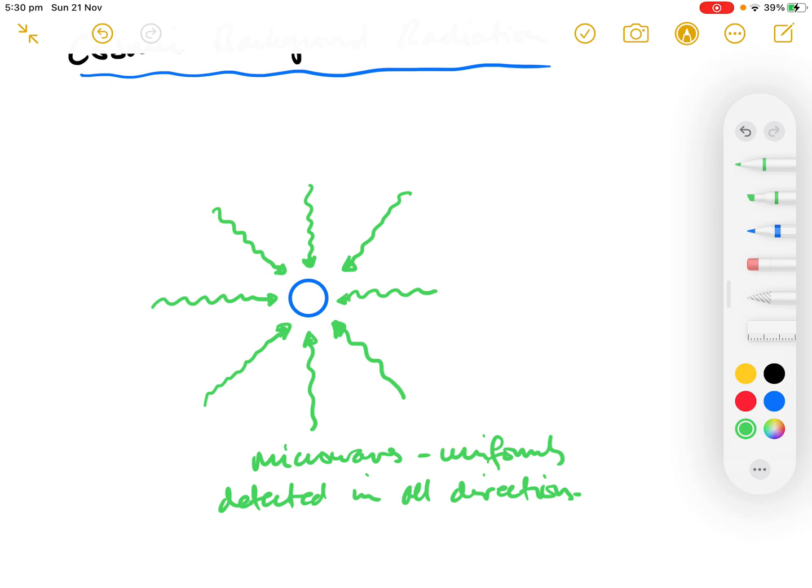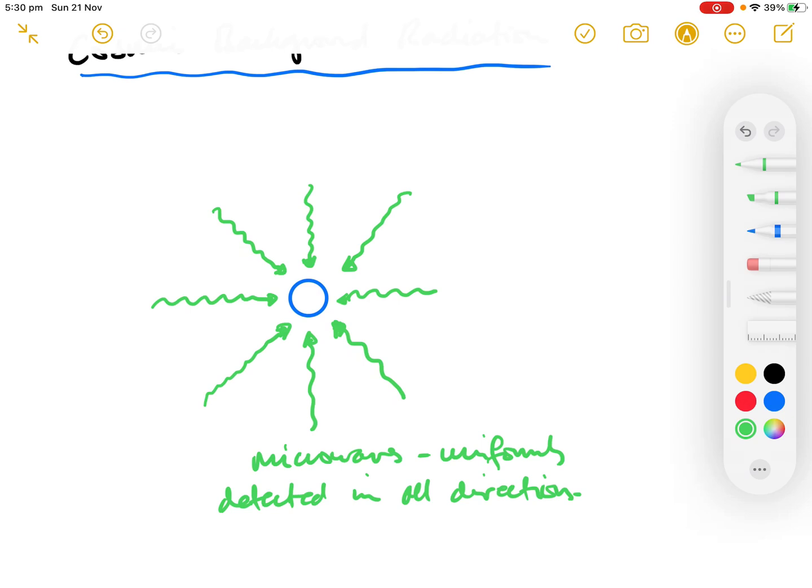This was quite surprising, because normally in astronomy, when you detect radiation, it's coming from a particular source, a particular galaxy or a particular star. So when you move your detectors a couple of degrees to the right, the reading falls away, or a couple of degrees to the left, or a couple of degrees up or down. But we were getting a fairly uniform spread of these microwaves everywhere, absolutely everywhere we looked.